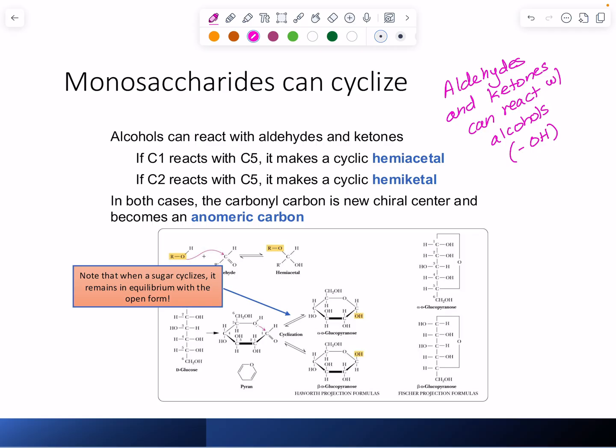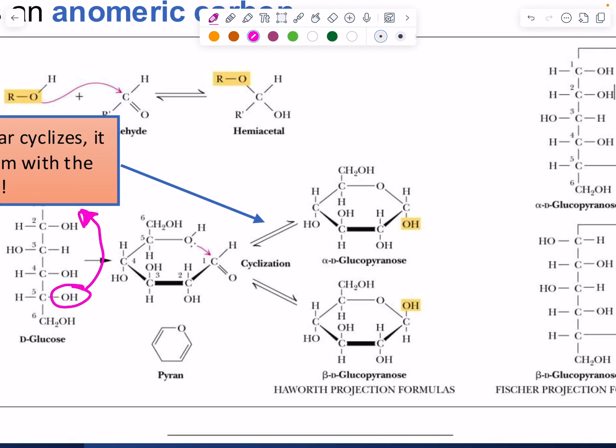So when this happens, if we have our hydroxyl on the 5 carbon reacting with the aldehyde group, hidden by my figure here, then what you get is a ring that closes. Okay, so here is showing the reaction right here. So this is carbon 5.